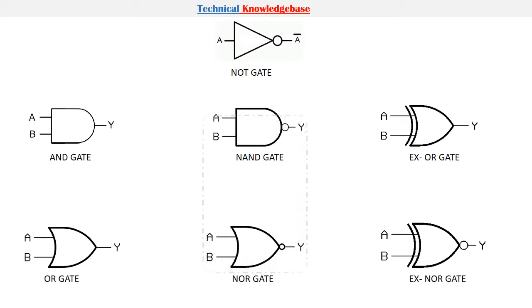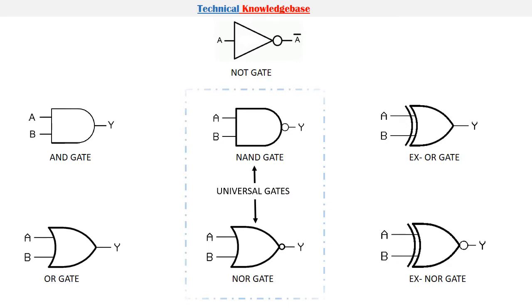Now you see the square for NAND and NOR gate. Why is it so? Because NAND and NOR gates are called universal gates. So what is a universal gate? Universal gate means we can design all other gates using these two gates. That's why they are called universal gates.